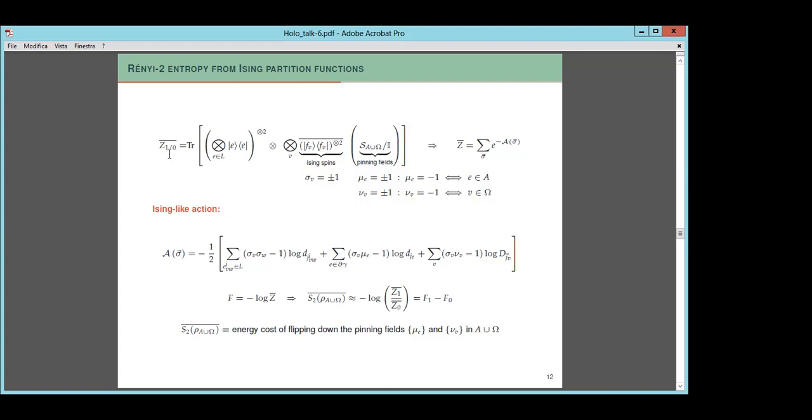Note that since the Z0 quantity has just the identity operator, not the swapping one, in Z0 all pinning fields, boundary and bulk ones, are equal to +1, while in Z1 we are flipping down the boundary pinning fields in the region A and omega. So in the end, the average Rényi entropy corresponds to the energy cost of flipping down the spins in the region we want to compute the entropy of.